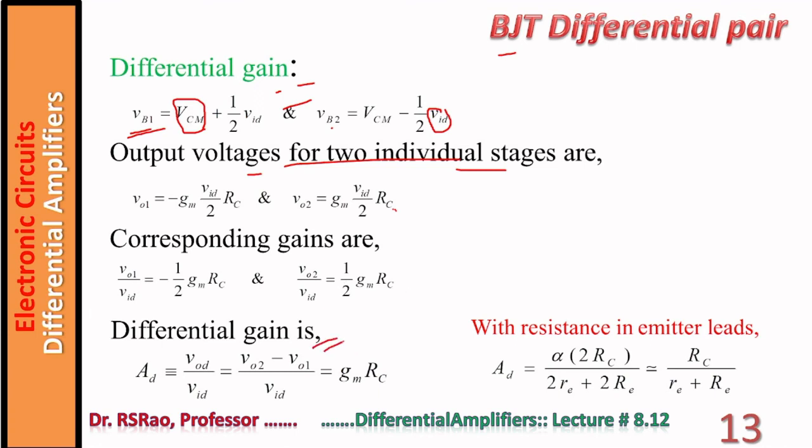Differential gain then is V0D by VID equal to V02 minus V01 by VID. It is GMRC. When resistance is there in the emitter leads, AD becomes RC by RE plus RE.